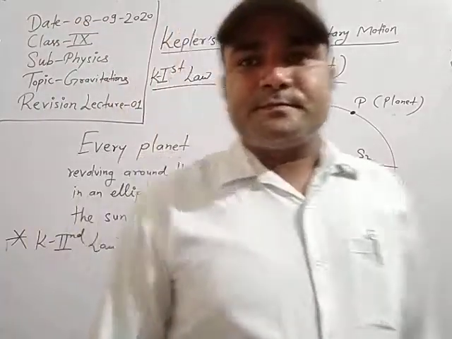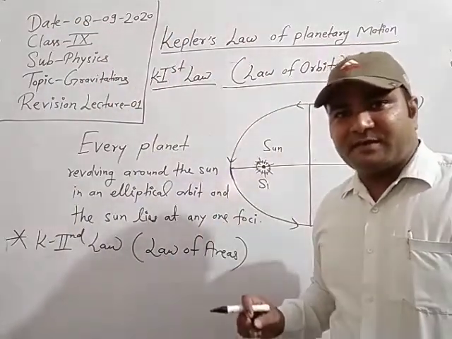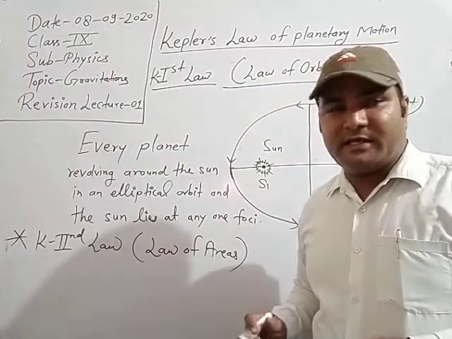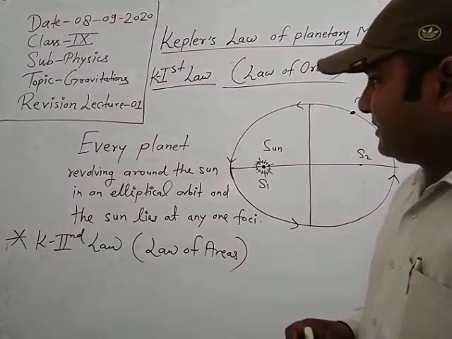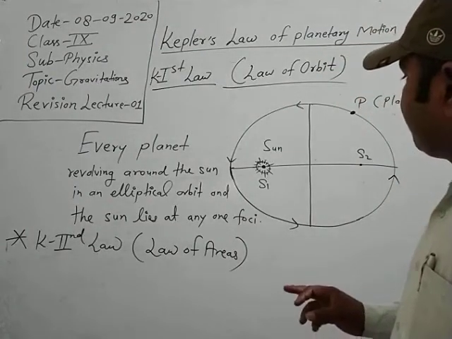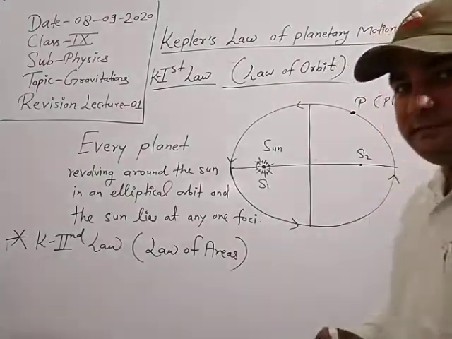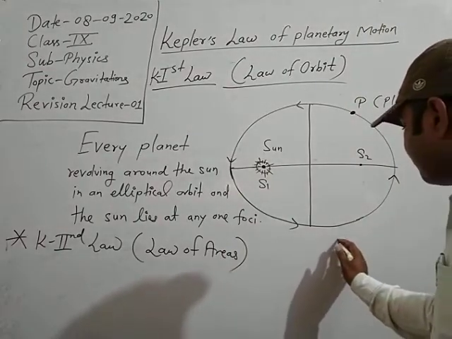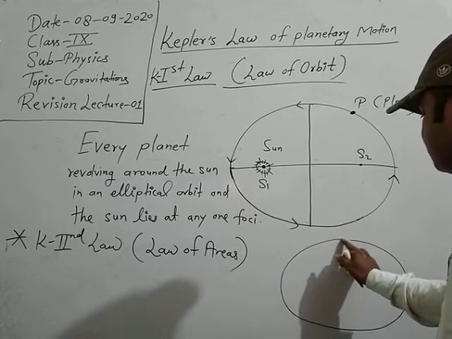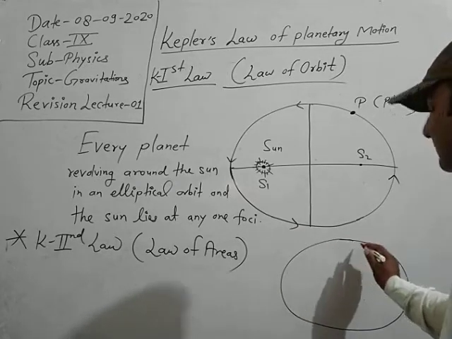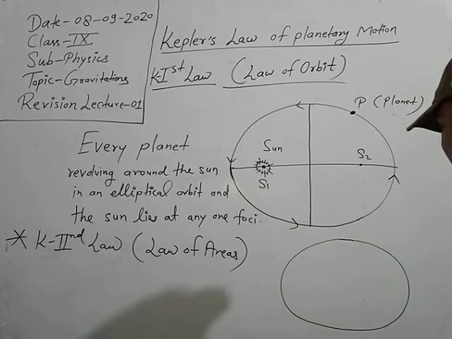Because in the statement of Kepler's second law, the concept of area is utilized. And the diagram of this one, just see, is the same as the elliptical path. Here there are two concepts, major axis and minor axis.